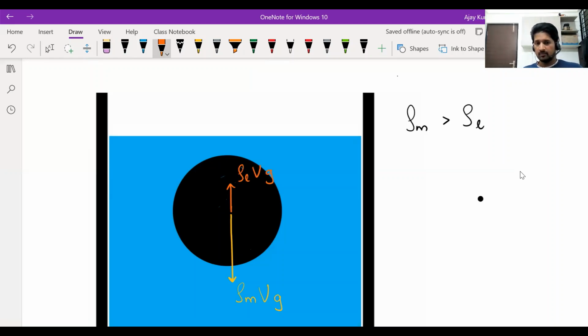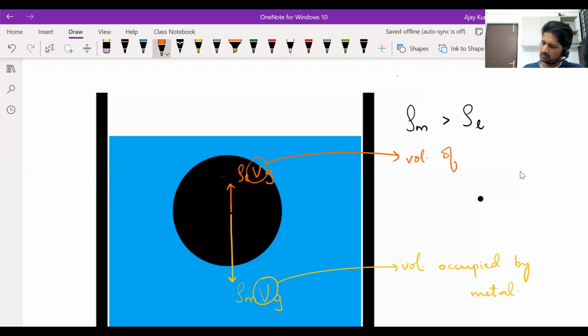But observe carefully, weight depends on the volume occupied by the metal. So the V that you see in weight is the volume occupied by metal, whereas the V that you see in buoyant force is the volume of liquid displaced.